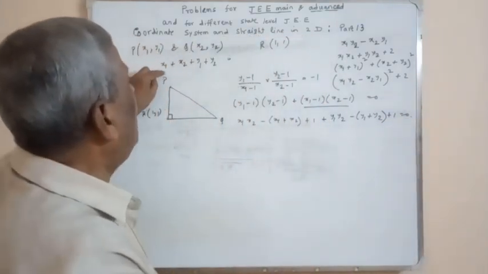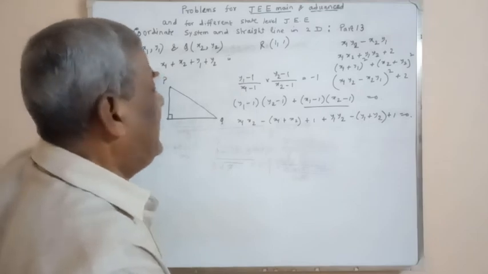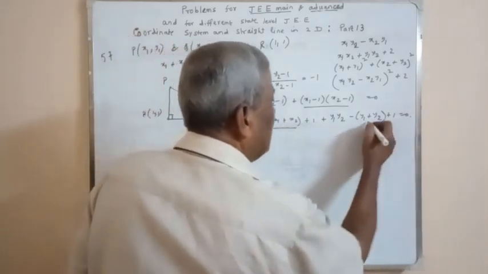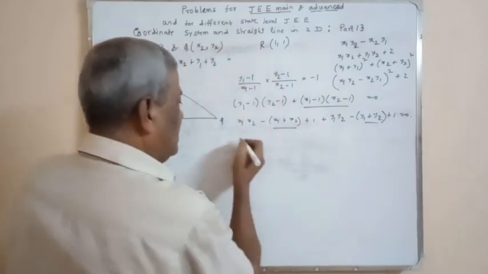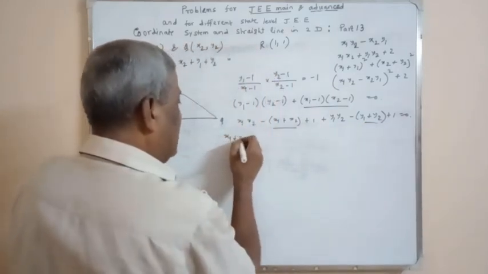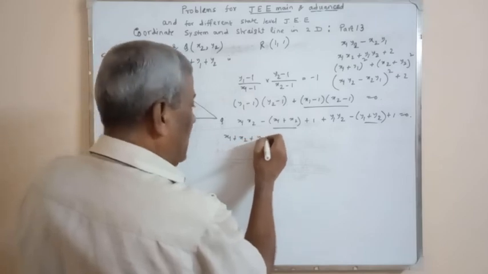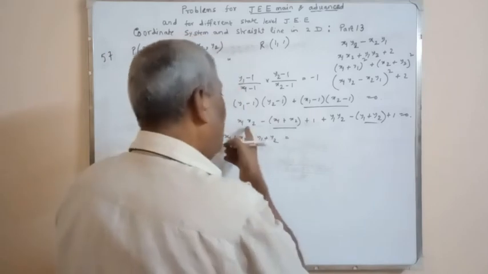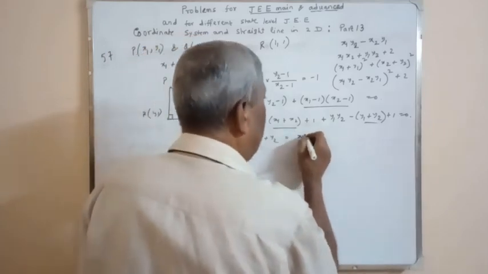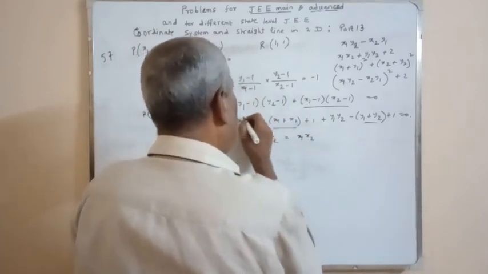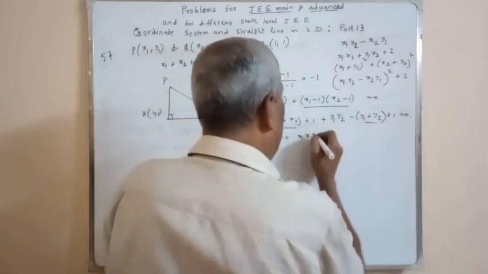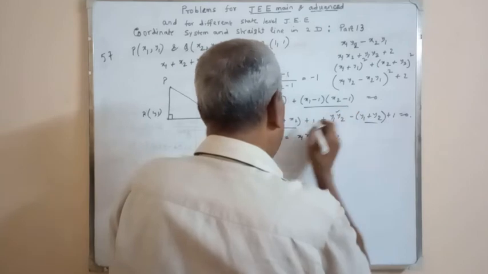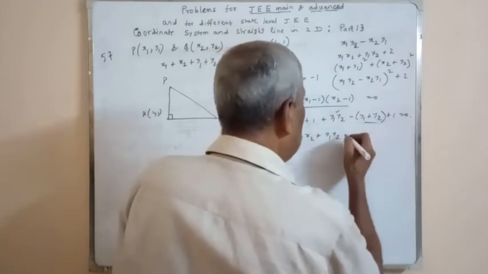We have to find the value of the sum x1 plus x2 plus y1 plus y2. So take this and that into the other side, that is x1 plus x2 plus y1 plus y2 is equal to x1 x2, this one, plus y1 y2, this one, and 1 plus 1, that is 2.